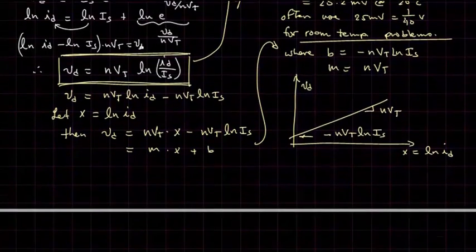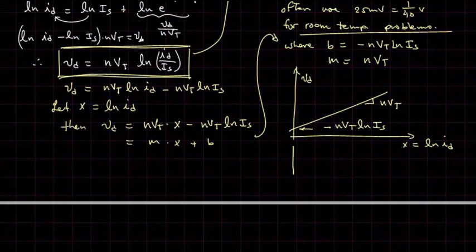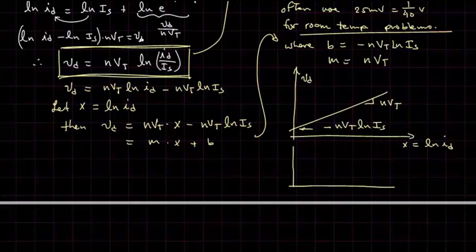Alright, so now I can equivalently plot this one more time, but instead of writing X for the independent variable, I'm going to write ID, but I'm going to draw a logarithmic scale.